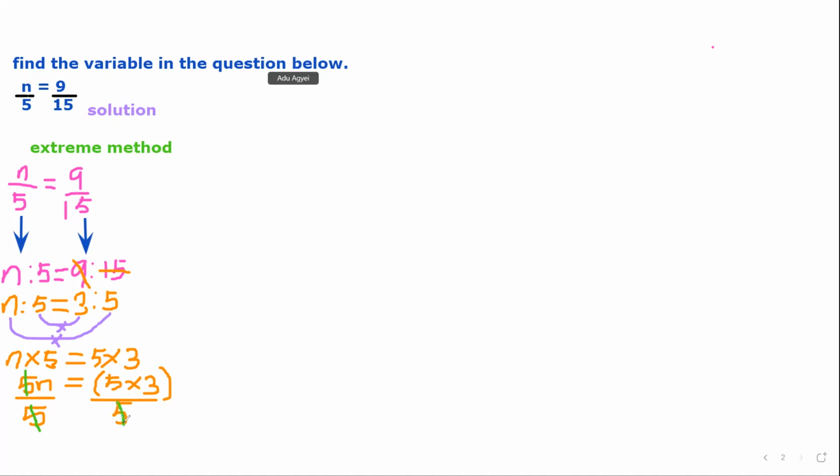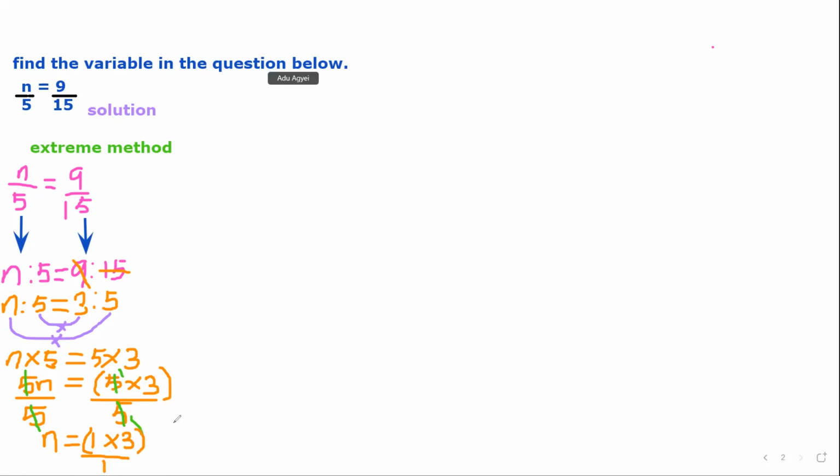So 5 goes here, 1, and 5 goes here, 1. Okay, good. Now, the numbers remaining in the bracket here. Now we have n being free here is equal to 1 in a bracket times 3 in a bracket here, all over the remaining one here.